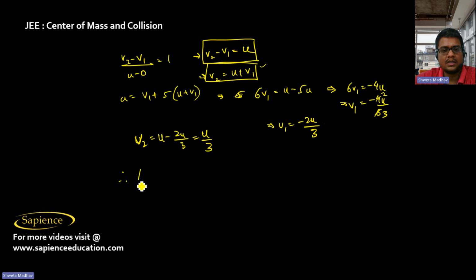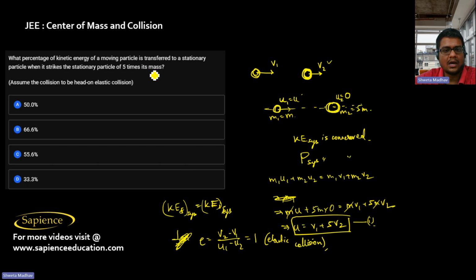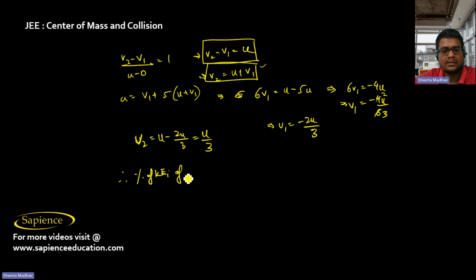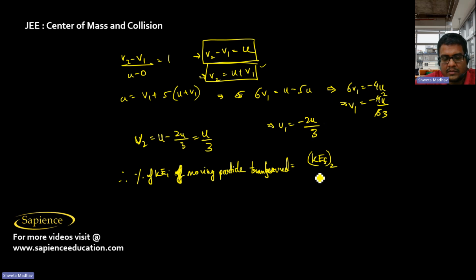So therefore the percentage of the initial kinetic energy of the moving particle that is transferred to the stationary particle will be equal to the final kinetic energy of the second, stationary particle divided by the initial kinetic energy of the first particle into 100%.